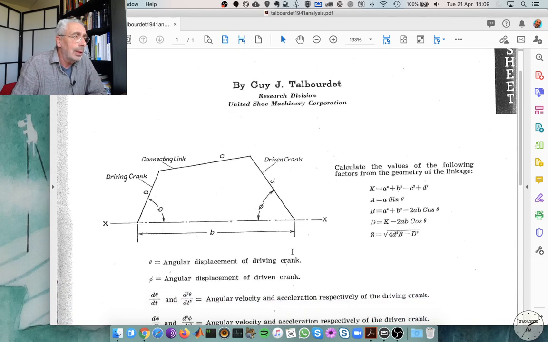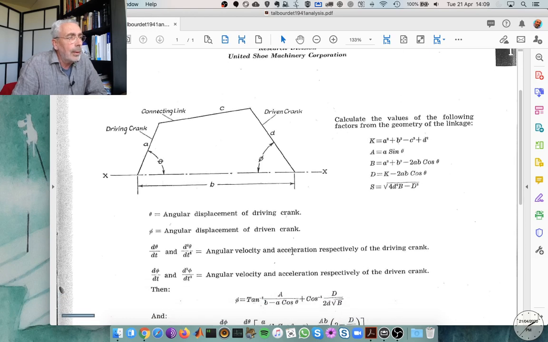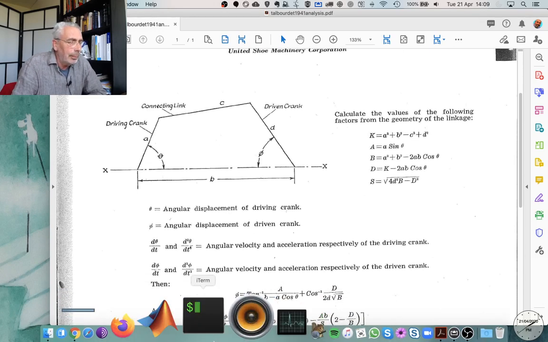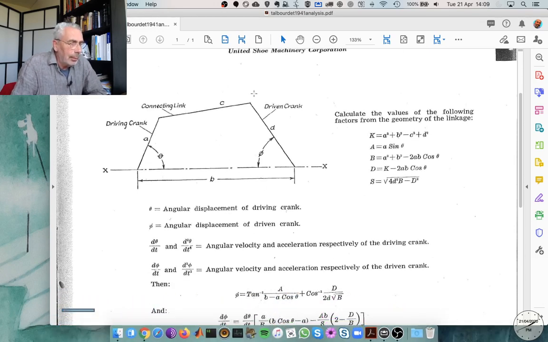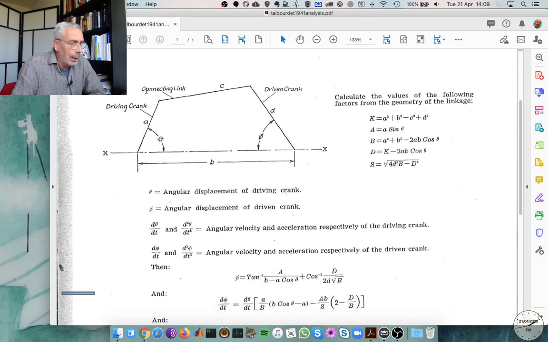And then how does he solve that? He draws the triangle just like we did, right?